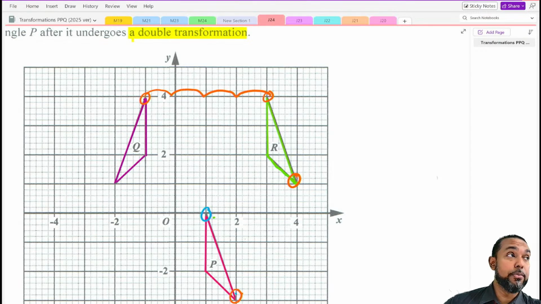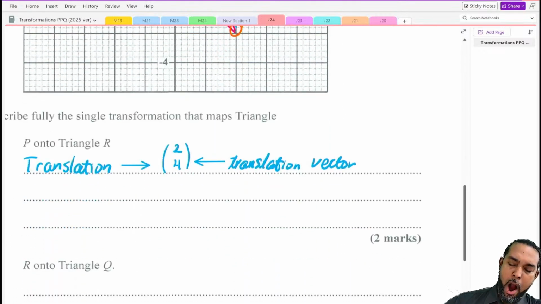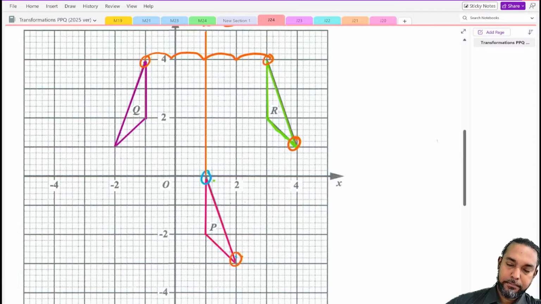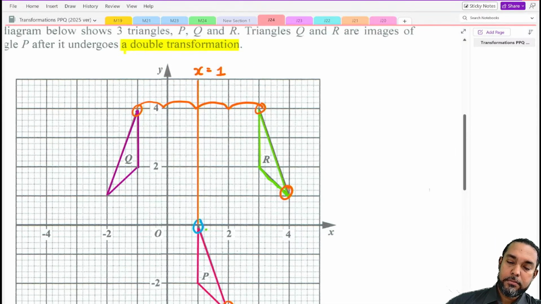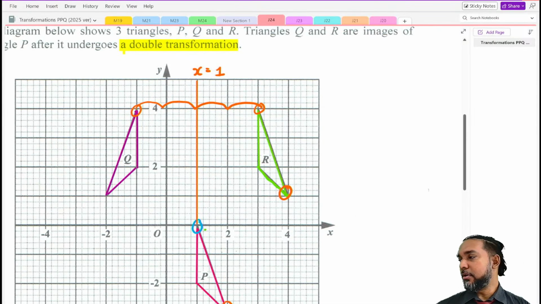The axis of reflection will be exactly halfway between. What's half of 4? 2. Right? And that passes through what point on the x-axis? 1. So the axis of reflection has an equation x equal to 1. So it's a reflection in line x equal to 1.